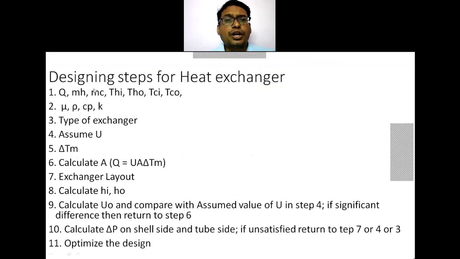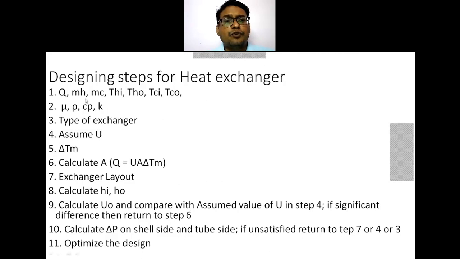Now coming to the designing steps of a shell and tube heat exchanger. The first thing is that you have to consider the heat load. You can calculate the Q, which is equal to m c delta T for hot fluid as well as for cold fluid.